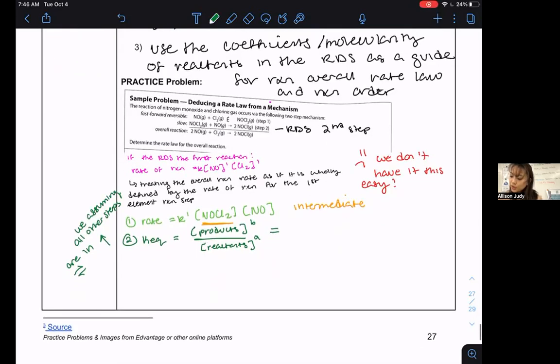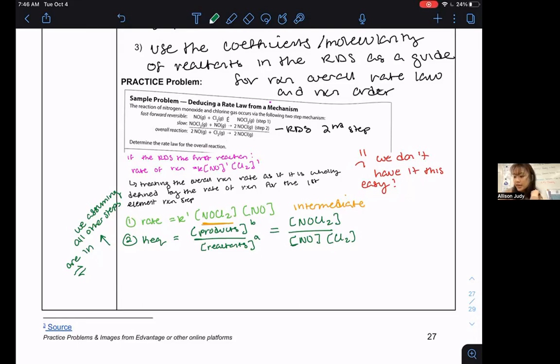So when we write this, we get that KEQ is equal to the concentration of NOCl2 over the concentration of NO and Cl2. Since they all have a coefficient of 1, we just leave it at that, raised to the power of 1.